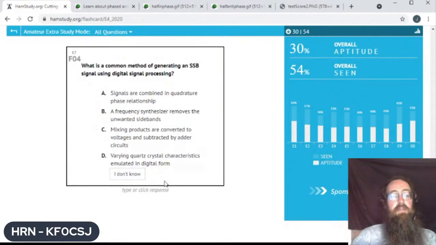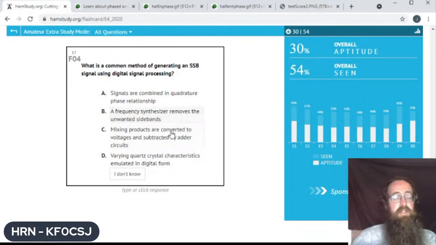What is a common method of generating an SSB signal using digital signal processing? A. Signals are combined in quadrature phase relationship. B. Frequency synthesizer removes unwanted sidebands. That's what I guessed last time, so I'm not going to pick that.